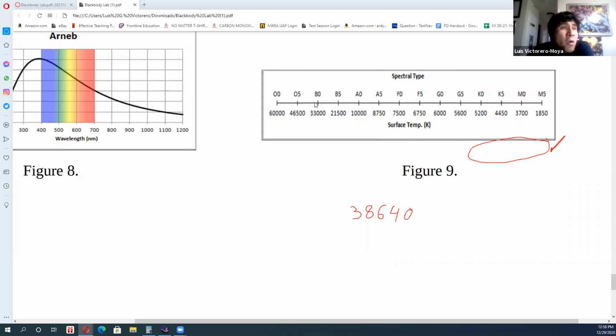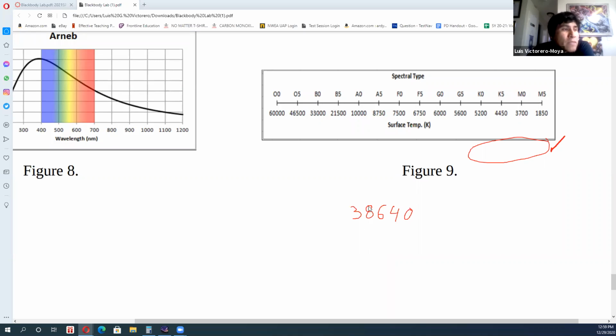Actually, probably even more. It's a range, so you can go from 37 to 35,000, because you also have 8.5, 9.5. However, we normally tend to use integers for the subclassifications.